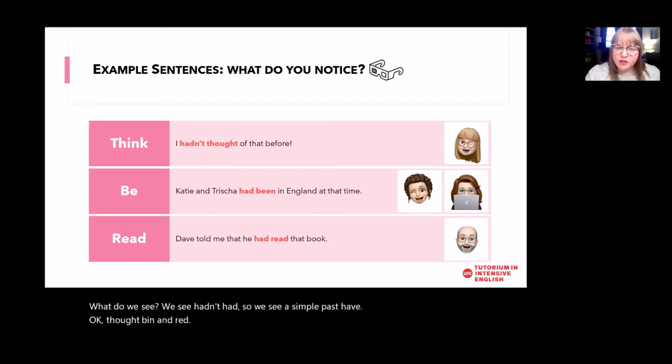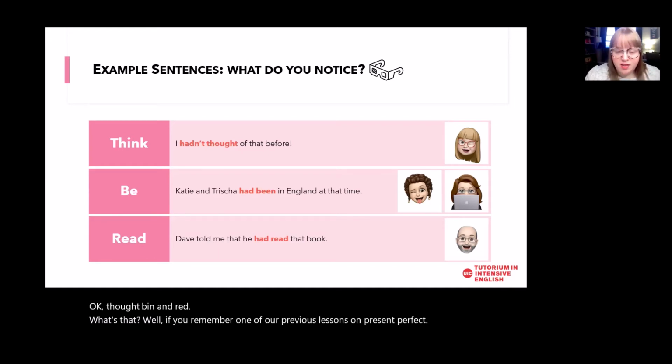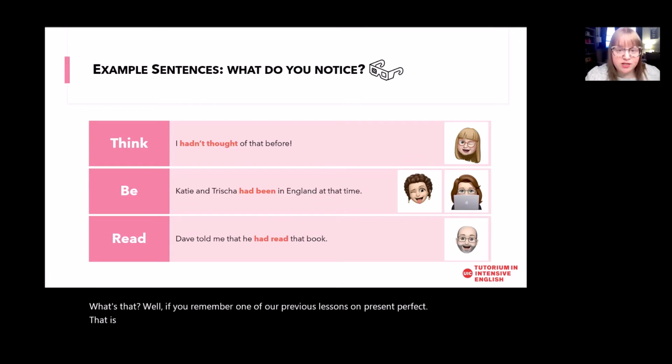What's that? Well, if you remember one of our previous lessons on present perfect, that is the past participle or the third form. Some of you guys have heard that term before. So we see have simple past plus past participle.